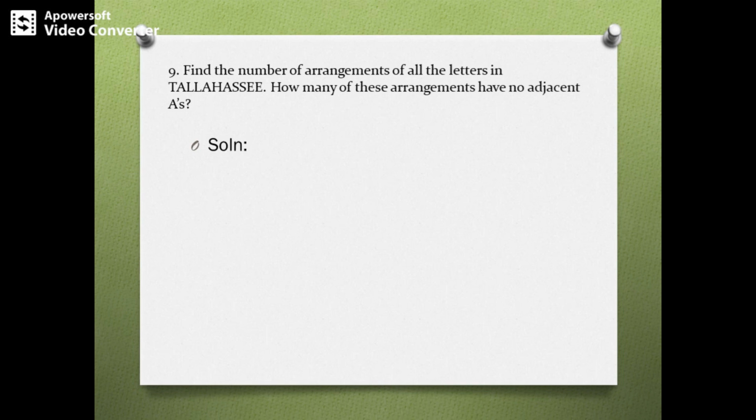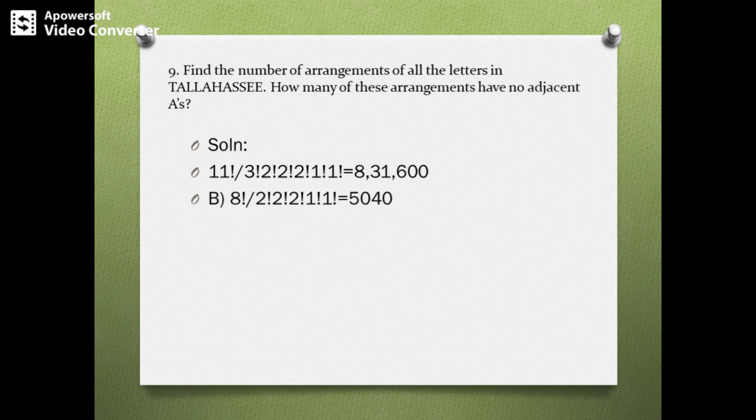So the number of arrangements or permutations possible in this string is 11 factorial by 3 factorial, since the 3 A's are repeated thrice, into 2 factorial into 2 factorial into 2 factorial, since 3 characters are repeated twice, into 1 factorial into 1 factorial, as T and H are repeated just once, which is nothing but 8,31,600 ways.